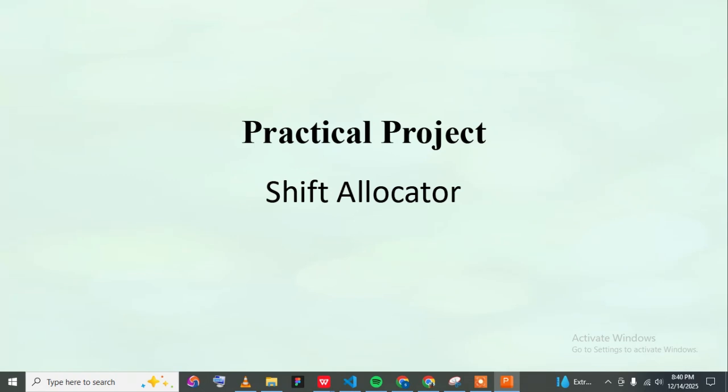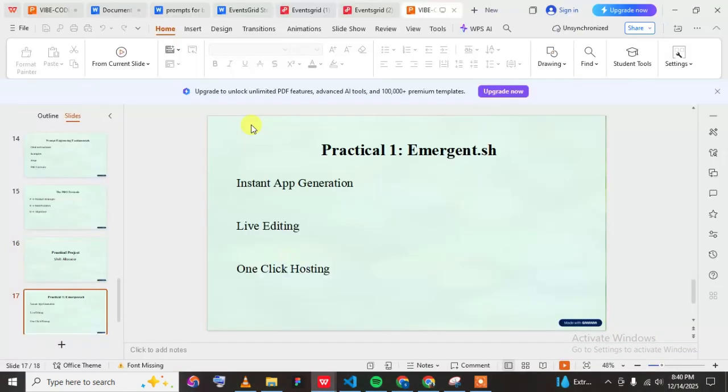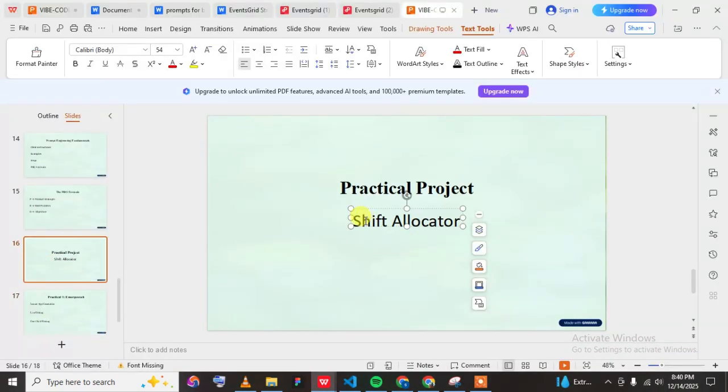So the first thing now, if you are looking at this problem we have here, is that what I did here, shift allocator, I think is supposed to be staff shift. Let me do it like this. It should be staff shift allocator, staff space.